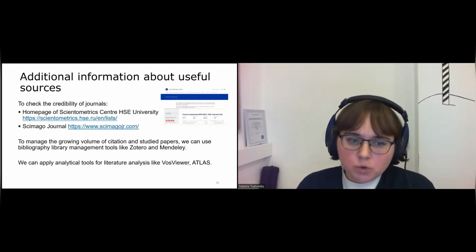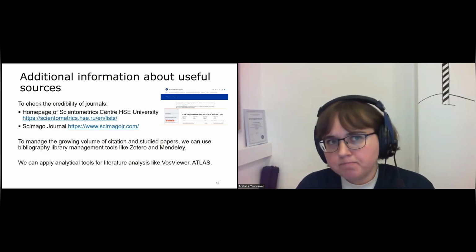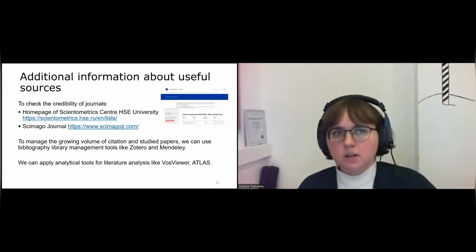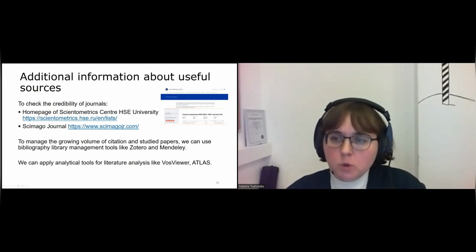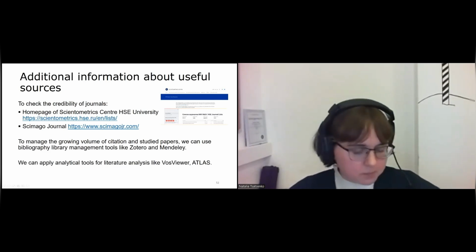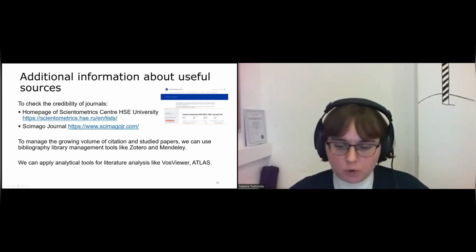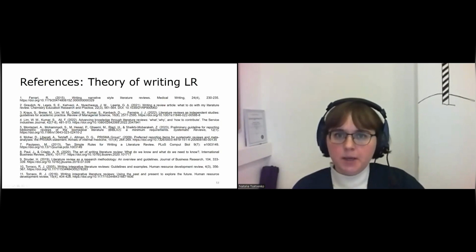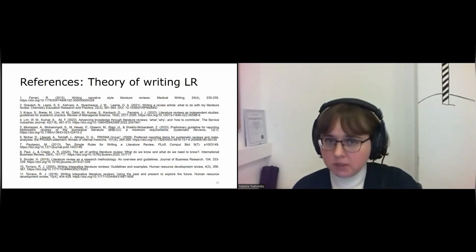And to make some additional visual material, I can recommend, for example, VOSviewer, and there are many other programs, but it could be useful.